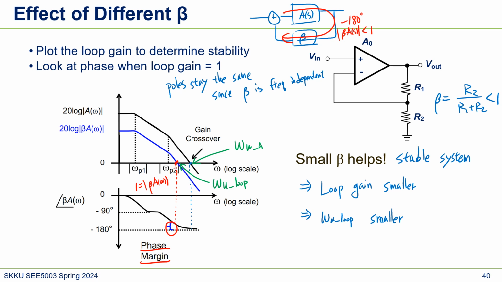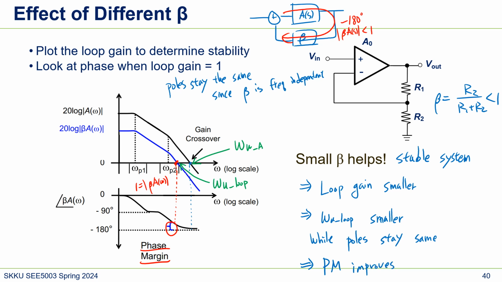So it becomes smaller. However, the pole stays the same. Why? Beta is not a function of frequency. So hence, phase margin improves.